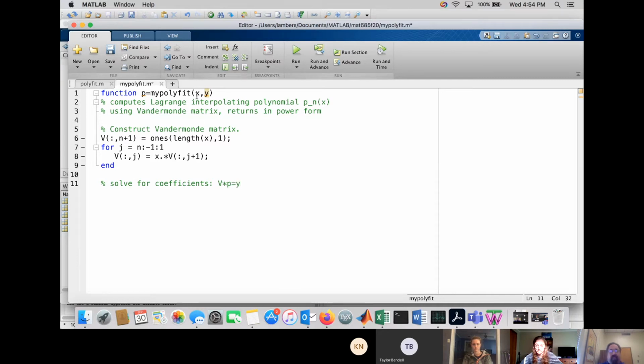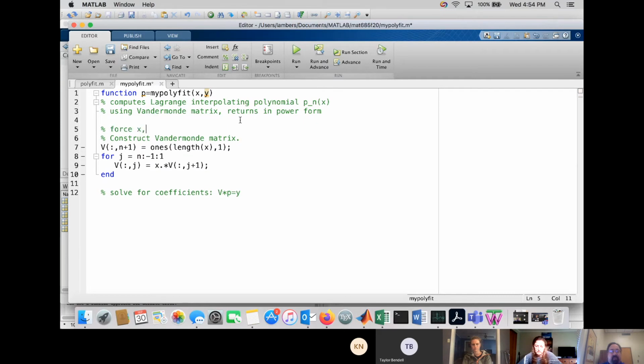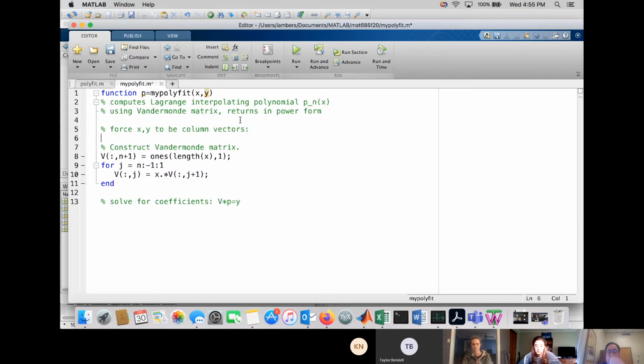But the thing is, I don't know if x and y are row vectors or column vectors, and I don't want to make an assumption about that. So what I'm going to do is make them column vectors if they are not already. How do I do that? I use a function that's mentioned toward the end of the MATLAB tutorial in the book called reshape.